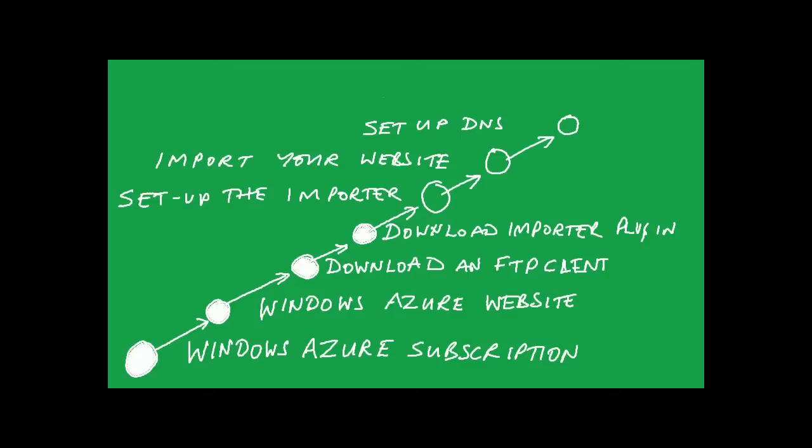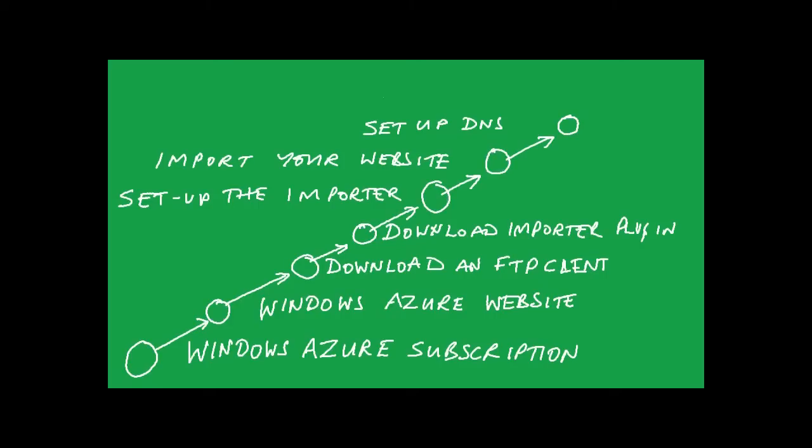Download the Importer plugin to import your Posterous Space into your new WordPress blog. 5. Set up the importer tool. 6. Actually import your Posterous Space. And 7. Set up DNS if you'd like to use a vanity URL. That's a URL that looks something like mrspooner.com rather than a big long URL.